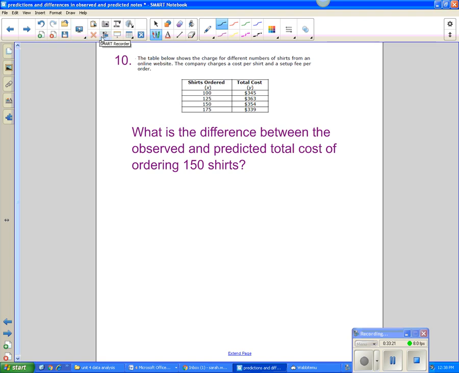Okay, the y equals I got is negative 0.108x plus 365.1.